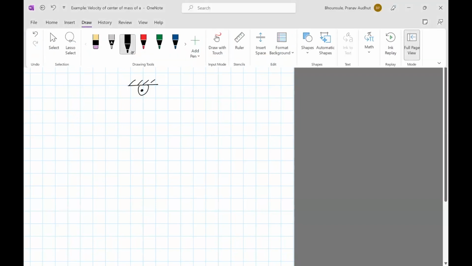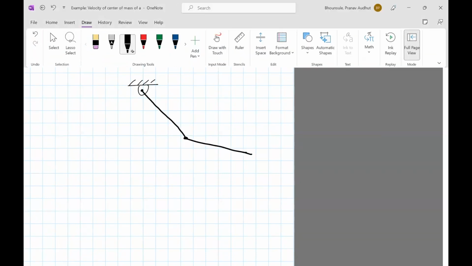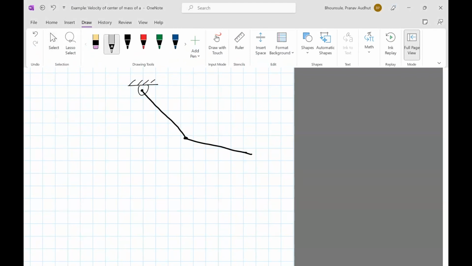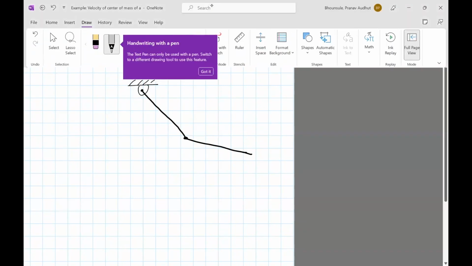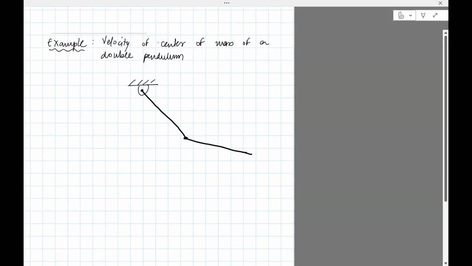Let's draw the two links. Link 1, link 2. This is my base frame, the frame which is fixed to the world and will not move.